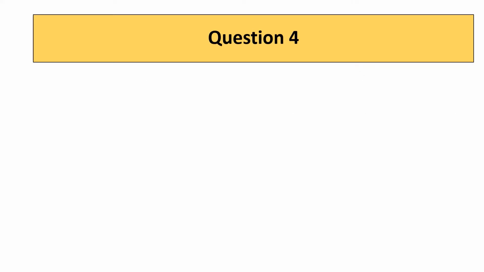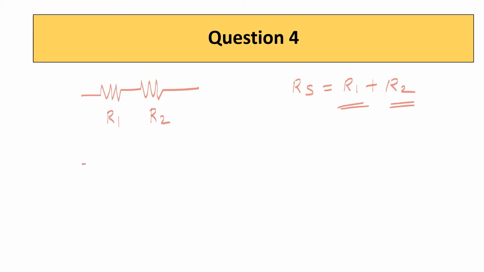In the second part, we have to find out the equivalent value for resistances. If two resistors are connected in series, the equivalent value for this resistance is R1 plus R2. You have to add up these two resistances if they are connected in series.